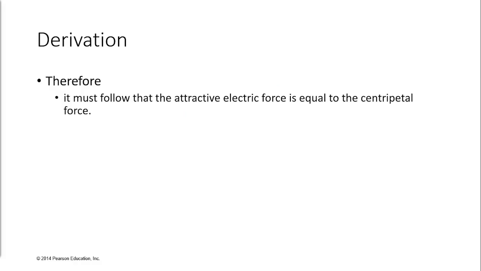We can write this relationship using the equation F sub E equals F sub C, where F sub E is the electric force and F sub C is the centripetal force. We can work on these equations to find the stable orbit and the average velocity of the electron in this orbit.